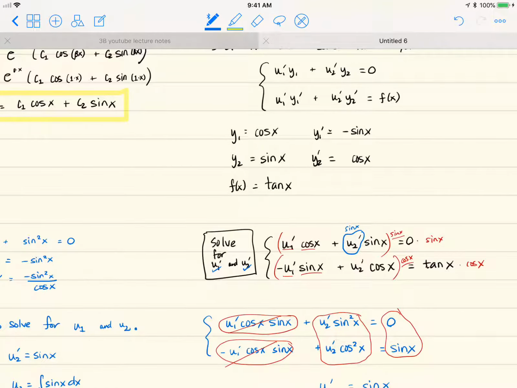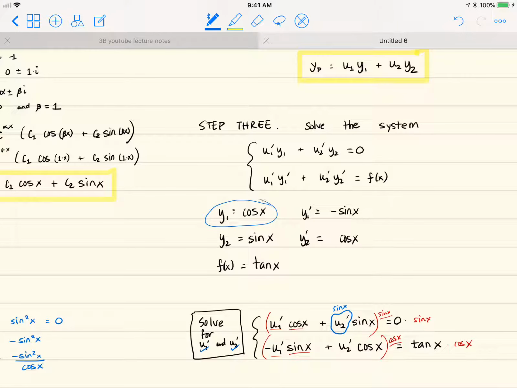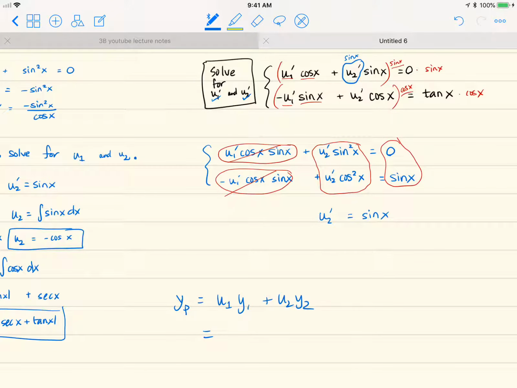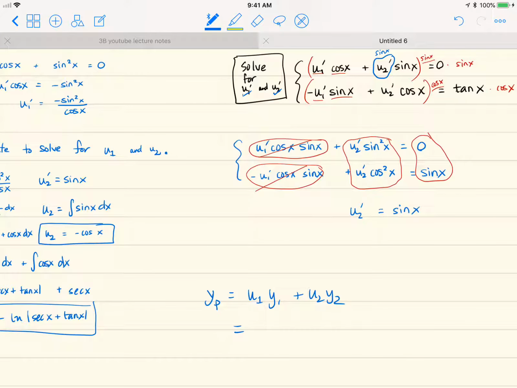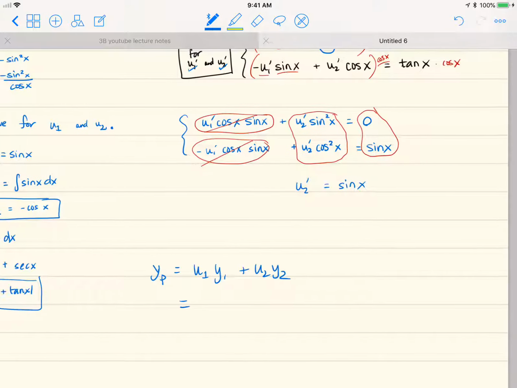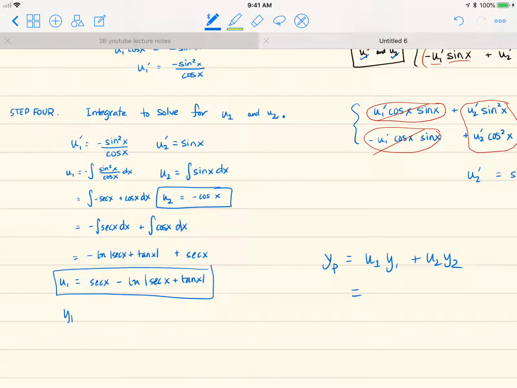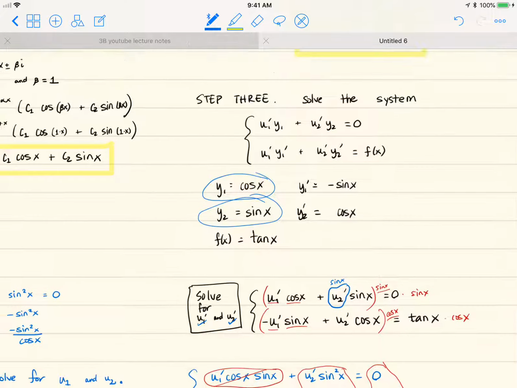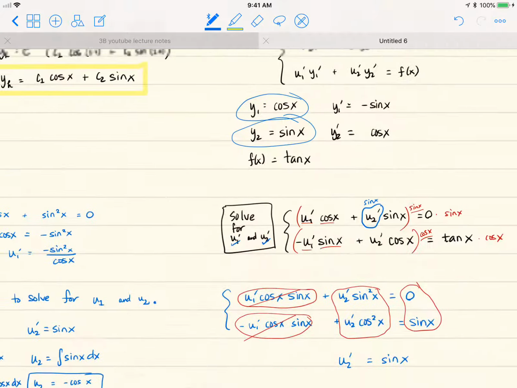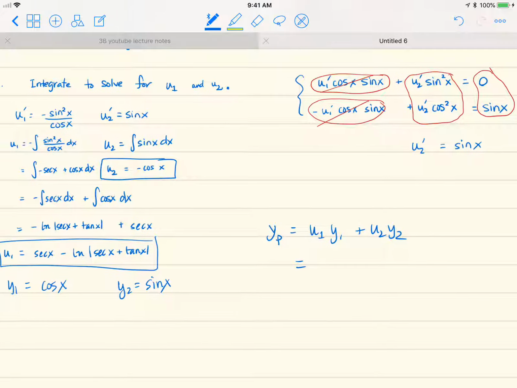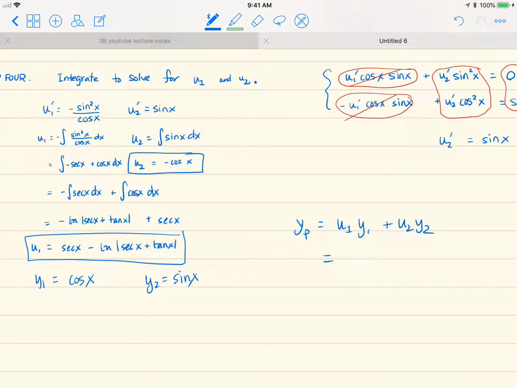So we said y1 of x is cosine of x, and y2 is sine of x. So now let's put this all together to get yp. So we need u1 y1.